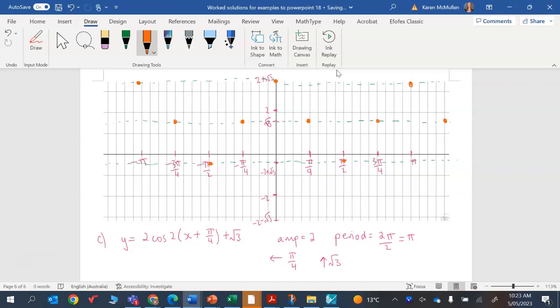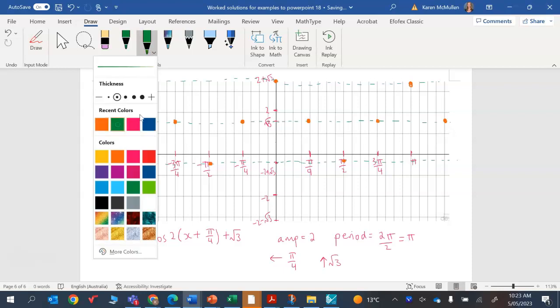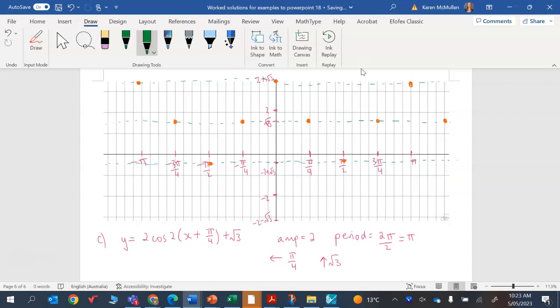So if you want to, you can draw your dotted lines, but I'm just going to do the dots. Okay, so we've just done the vertical shift. Now let's do the horizontal shift. So we've got to go across pi on 4. So pi on 4 is basically shifting it across 4 parts.